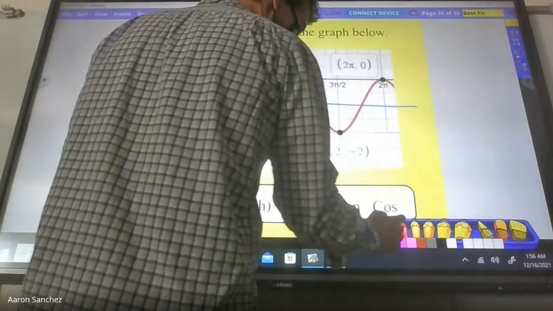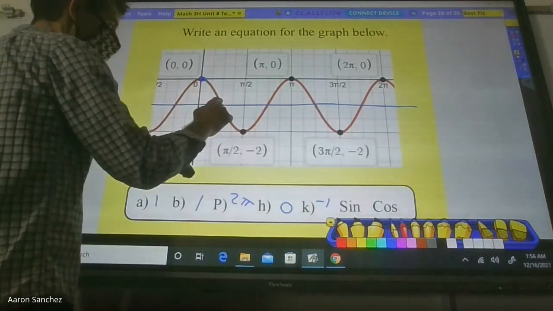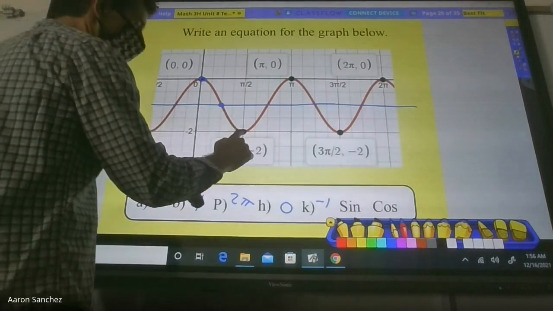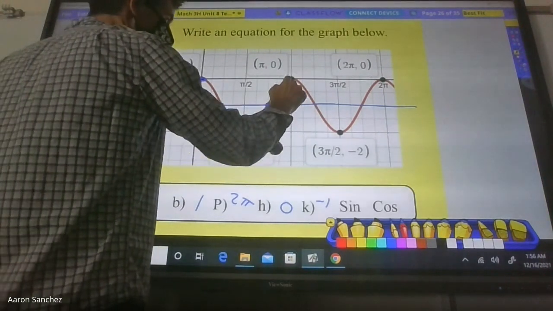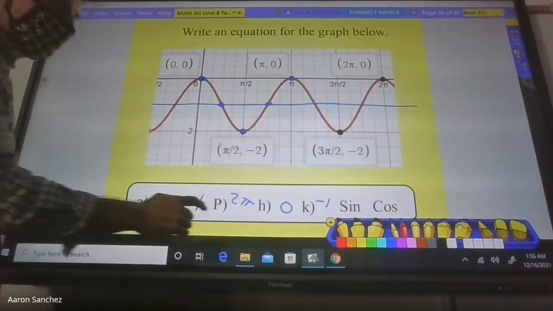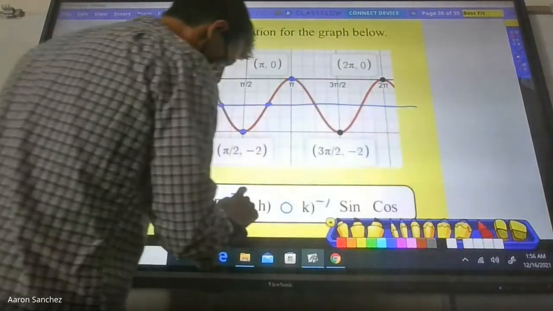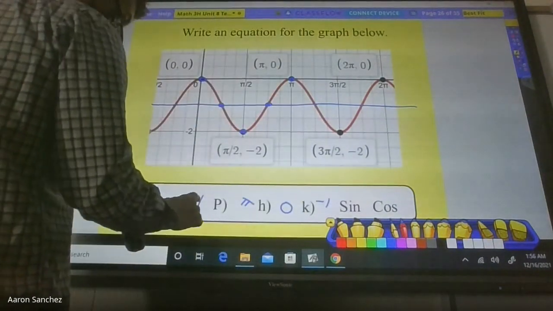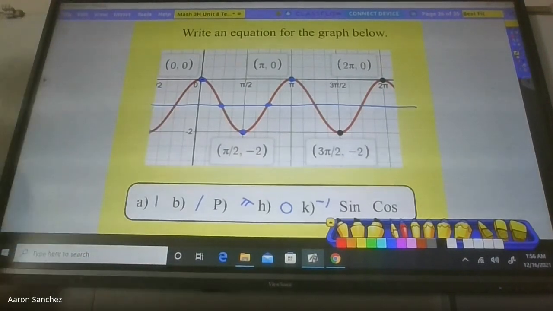5 key points. 1, 2. I have to hit one at midline, right? 3, 4, 5. What's my period? Pi. Okay. So that means my B is not 1. So what's my B now?